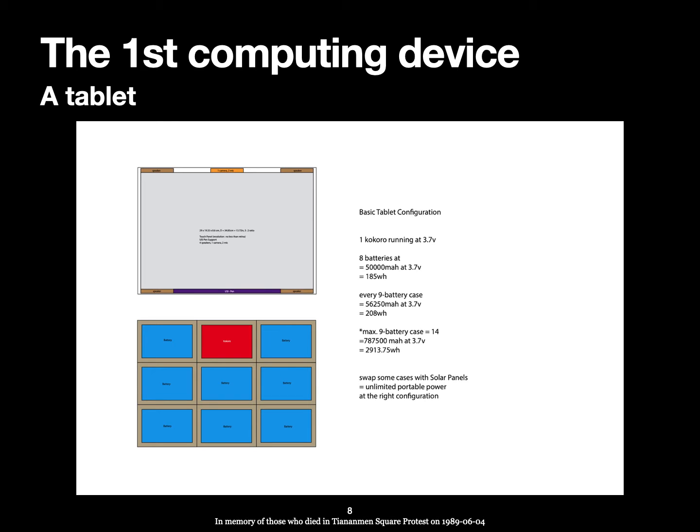With what we have just described so far, we have the technical specification of a tablet computer. Now, with this basic design, when we have 8 batteries, we can potentially have a 50,000 milliamp power source.